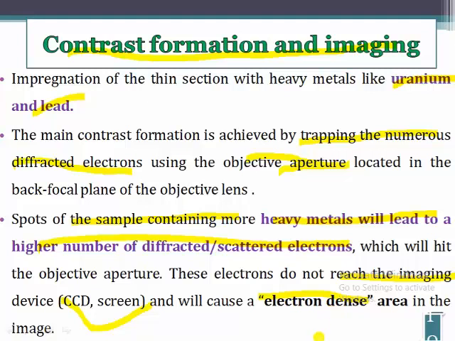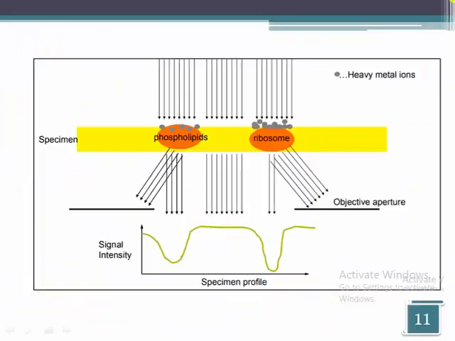So this is how contrast is formed, or how we produce imaging. Means whatever sample we have with a higher number of diffracted or scattered electrons will produce a dark image.